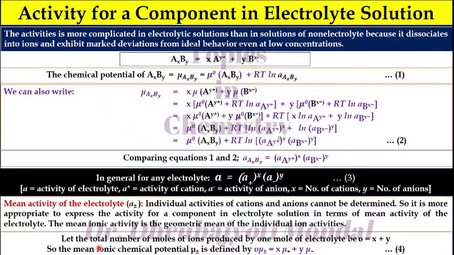So mean ionic chemical potential mu± is defined by nu into mu± equal to x into mu+ plus y into mu-. So this is equation number 4. So mu±, that is mean ionic chemical potential, into number of total ions, is equal to x mu+ plus y into mu-.